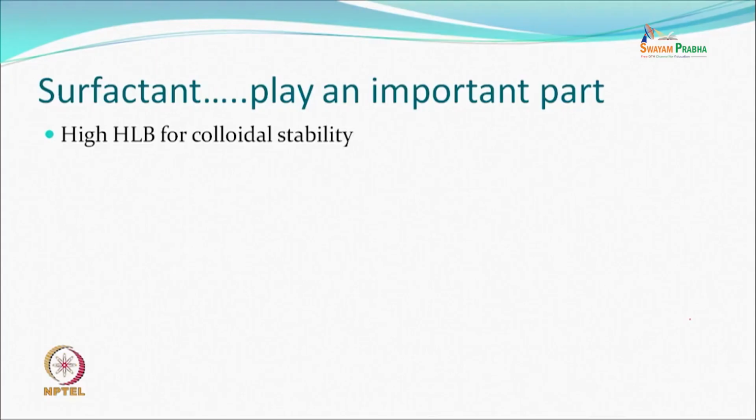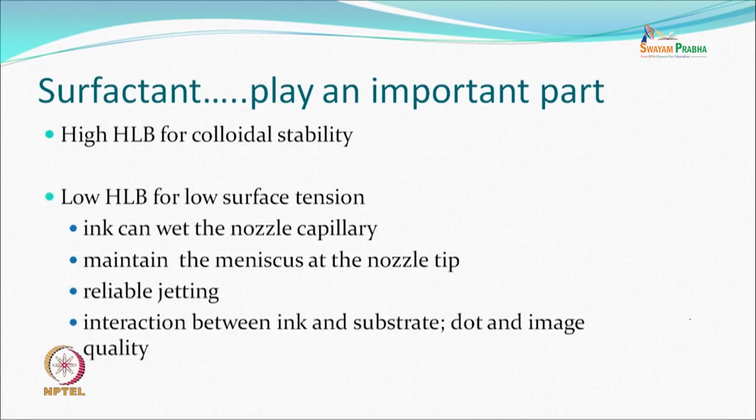Generally, as a thumb rule, a high HLB value of a surfactant would help the stability of a colloidal solution. Colloids can be there because you may be using particles, such as pigment particles. A low HLB value will give you low surface tension.